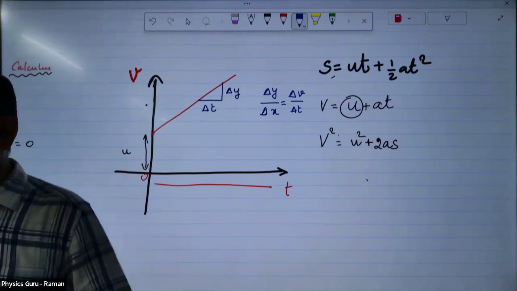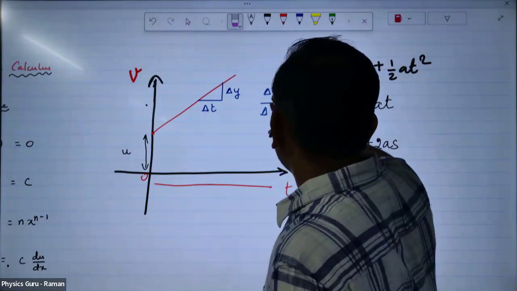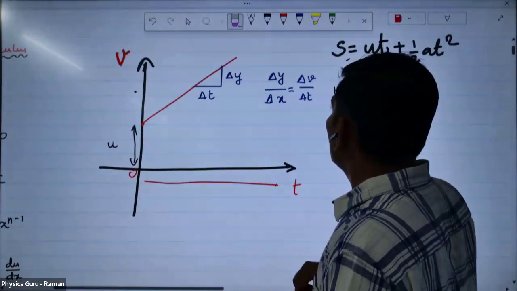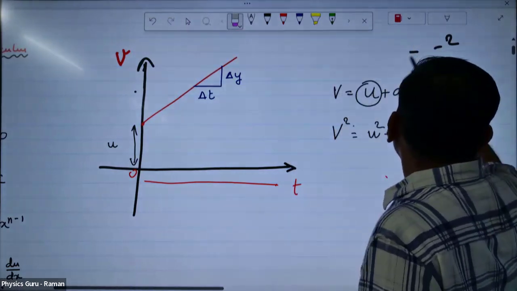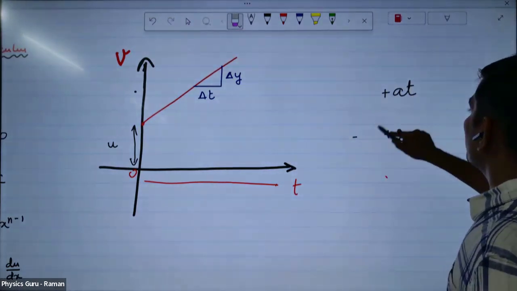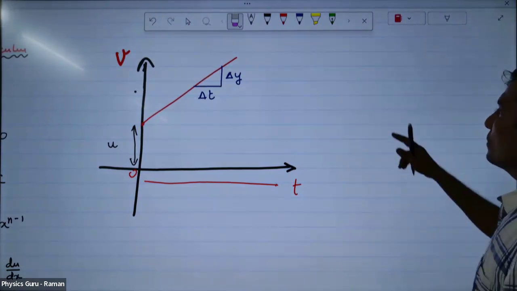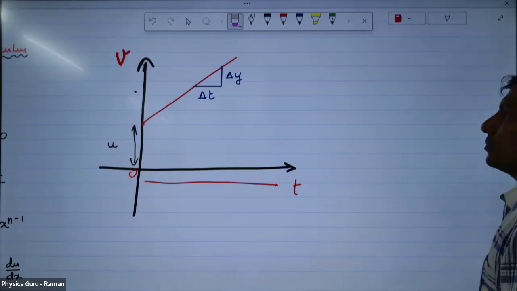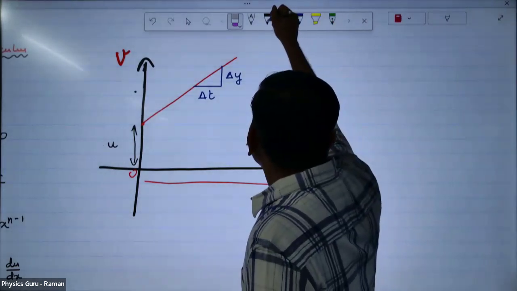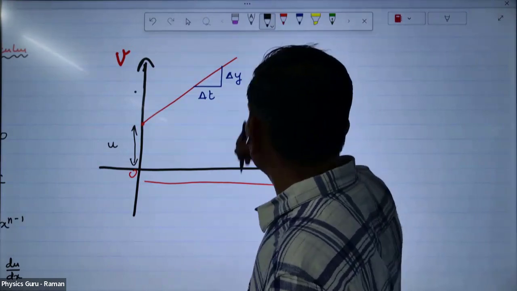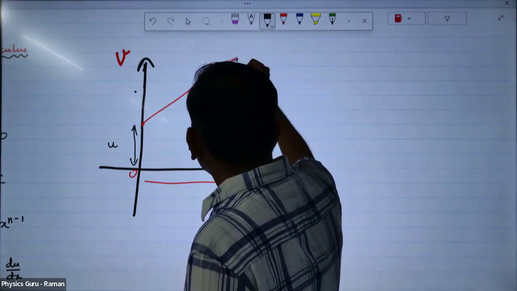Okay, let's assume the condition now. For the same given situation, I am going to give you a small problem. Let's try that out. Imagine in this graph, I want you to find out.